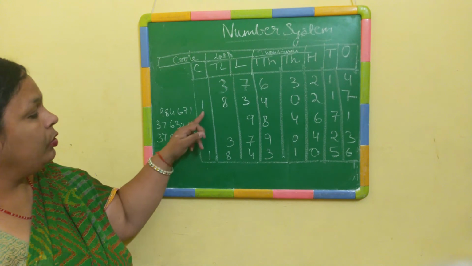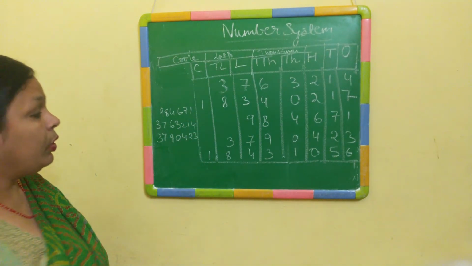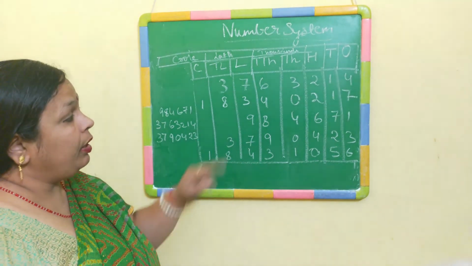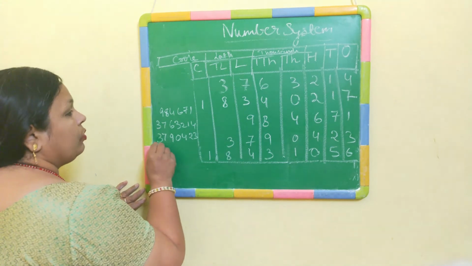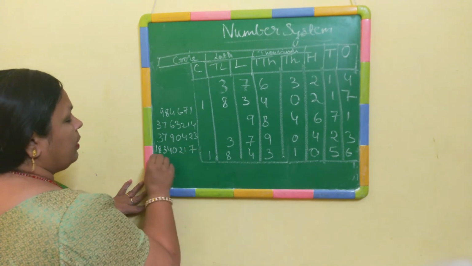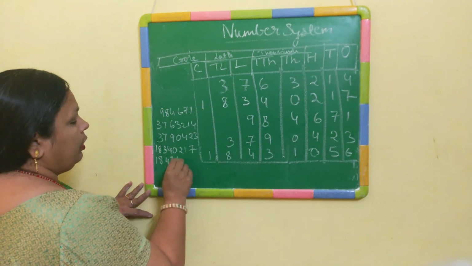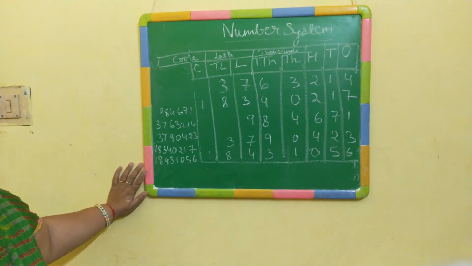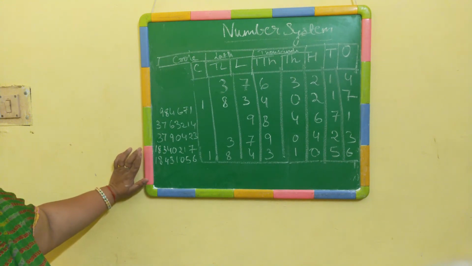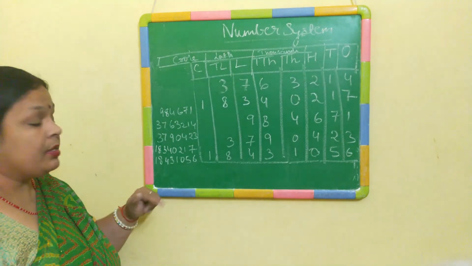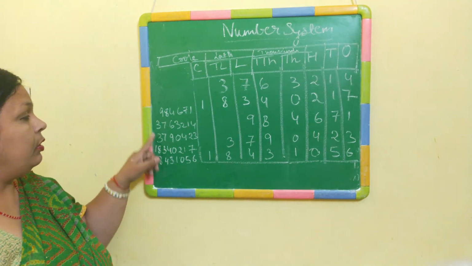Then we have two more numbers. What are they? 1 and 1 same, 8 and 8 same, 3 and 4. While comparing, this will be the lesser one. So the ascending order series is ready, and we have done the comparison in arranging the numbers in increasing order. Now this is the ascending series, and if we want to write descending, then this will be your first position, second, third, fourth and fifth.